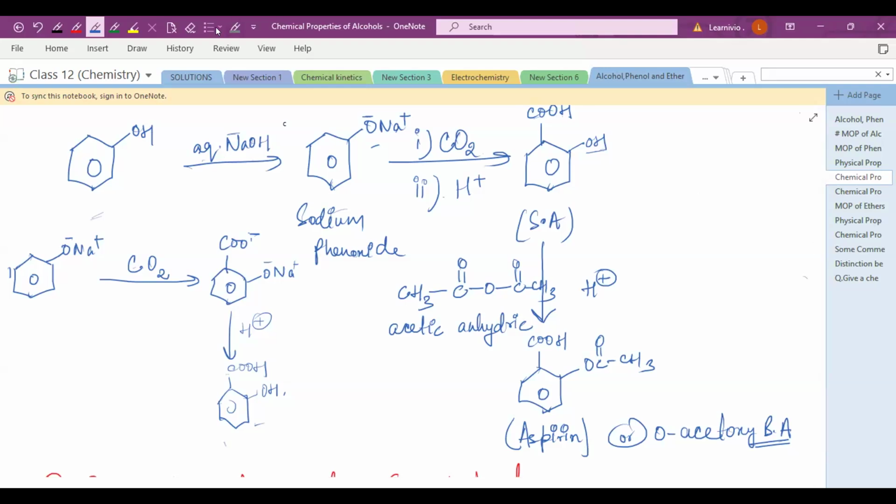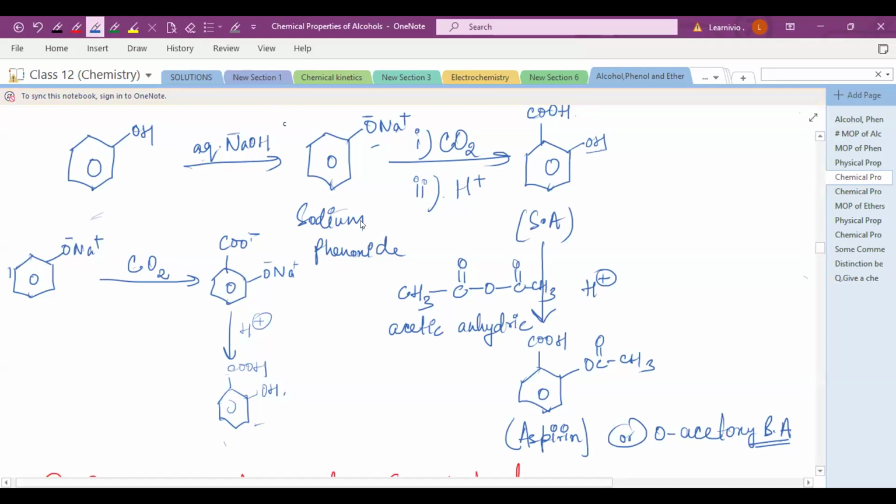After that, when you put the carbon dioxide, it will attach on the adjacent position of the OH group. After that, in the acidic condition, with acidification, here the COOH and OH, so this is your salicylic acid.